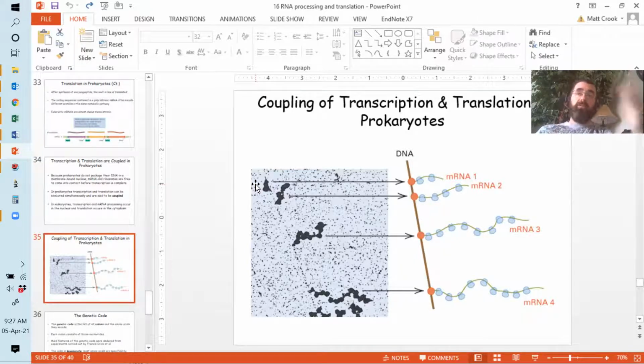In eukaryotes we have transcription in the nucleus and translation in the cytoplasm or the rough endoplasmic reticulum. In prokaryotes, it all happens in the same space.